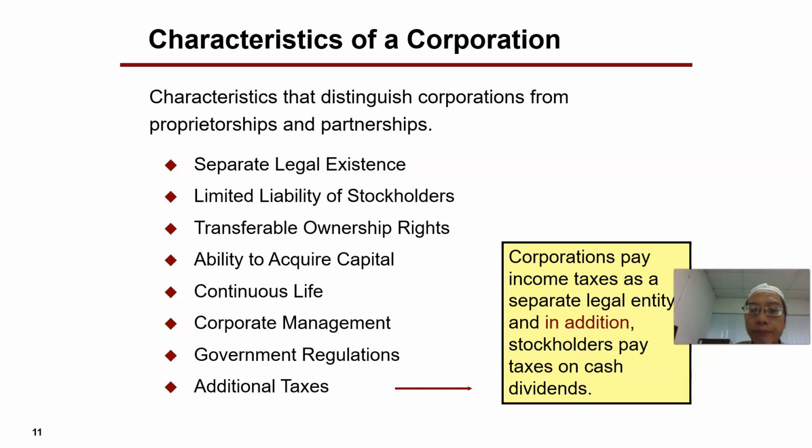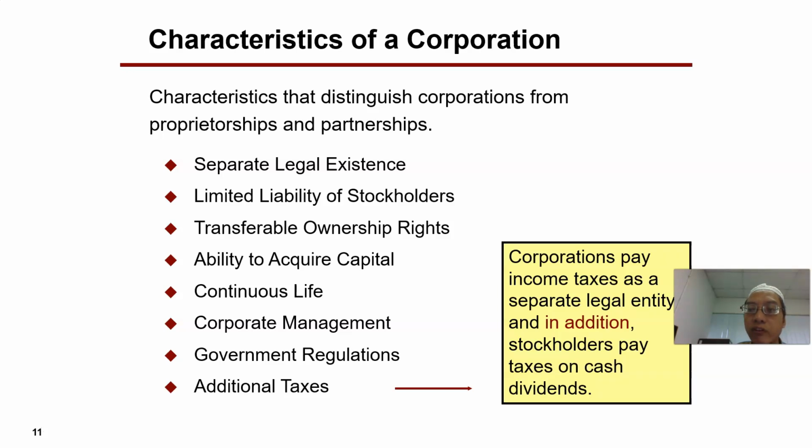But in corporations, the corporations themselves need to pay tax, and after paying tax, so in essence, the paying of the tax will reduce the retained earnings or the net profit attributable to the owners. And then from there, when the owners receive dividends, again they will be taxed.